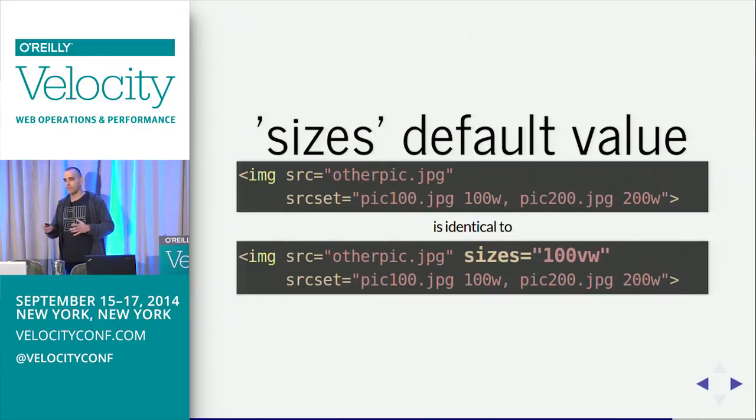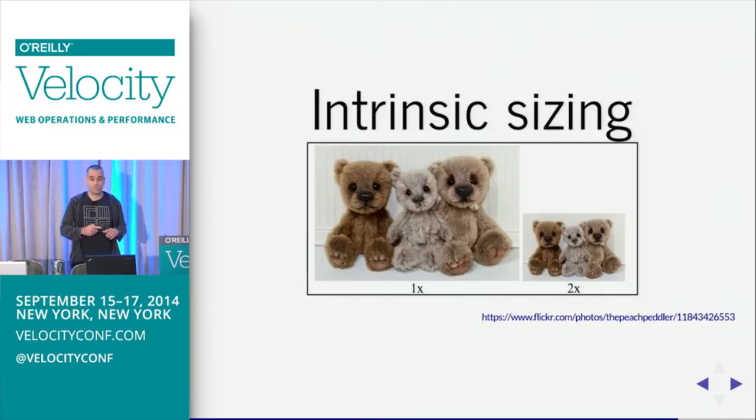So that kind of makes sense. You can look at it as if sizes is an extra optimization step that you can omit, and you would still get something out of the srcset. Not that you should omit it, but it's an extra step, with a sensible default.